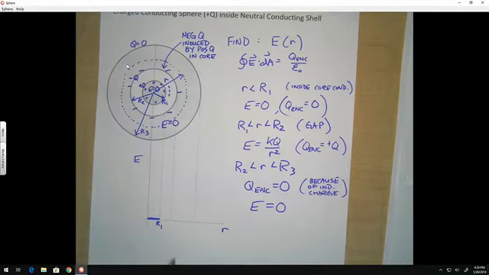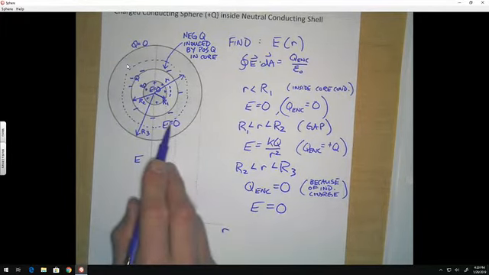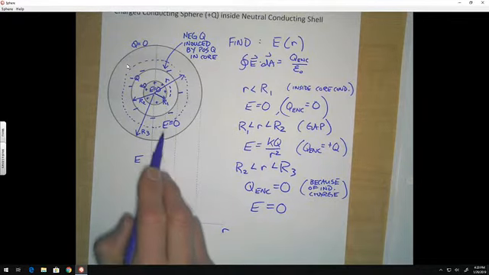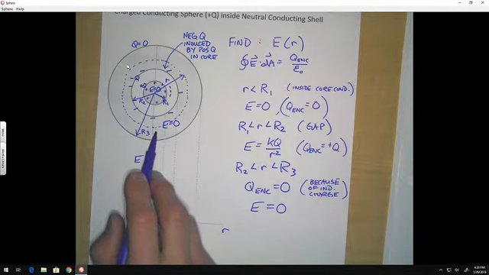That's actually important because if the electric field was not equal to 0 in a conductor, charges would actually move, and the conductor would have to achieve some new state of balance. So you'll never have an electric field in a conductor when the conductor is in equilibrium. That's a very important point.